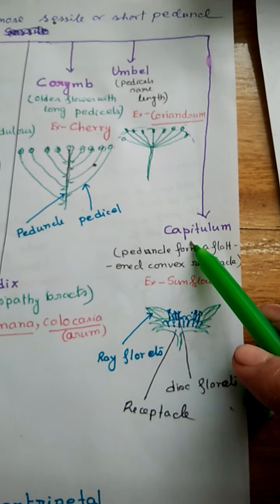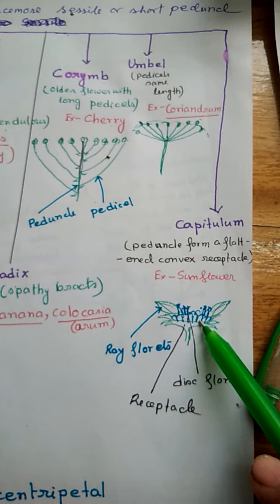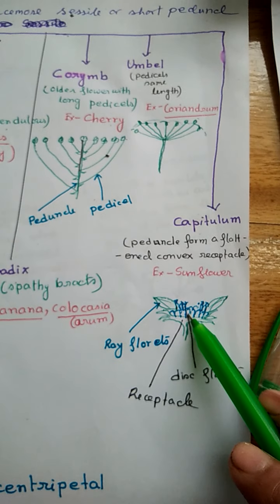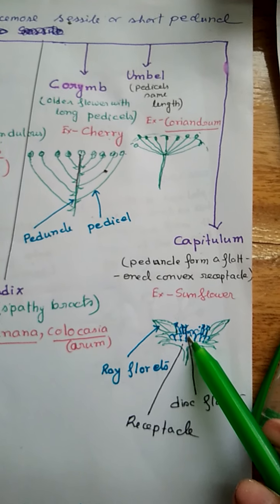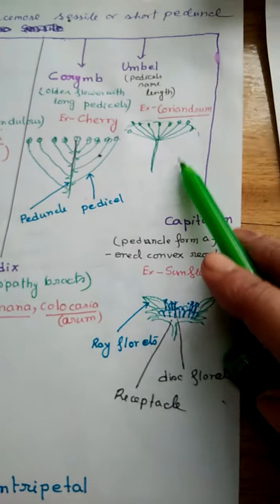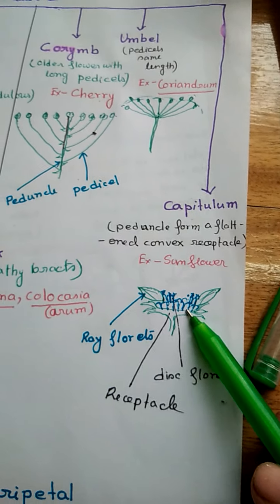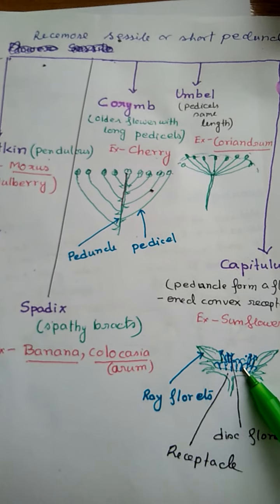Now this one is capitulum. A platform-like structure, that one is known as the receptacle. Ray florets are present. Then male and female flowers are present. In that case, this one is a totally separate one. So the receptacle is present. Example is sunflower. So this is all about the racemose type of inflorescence.